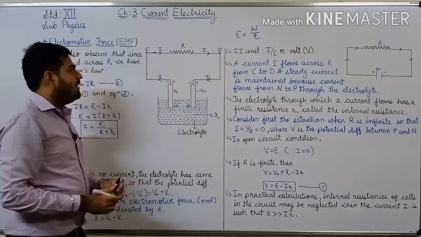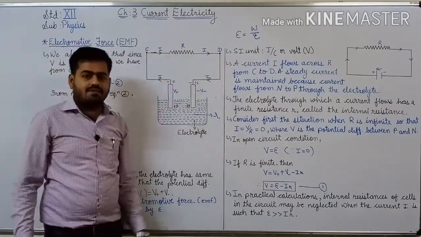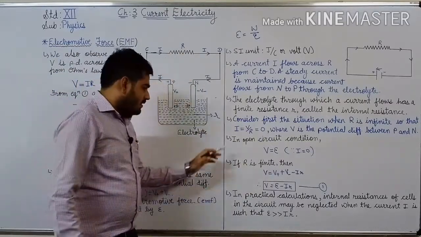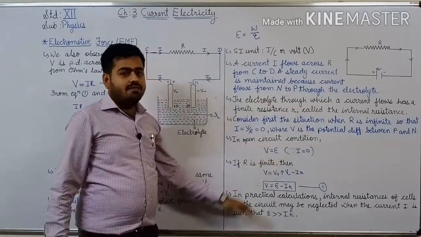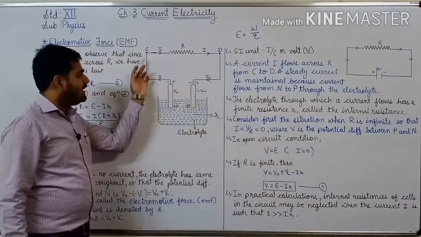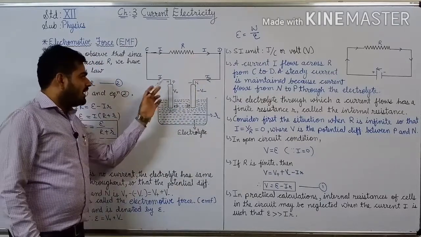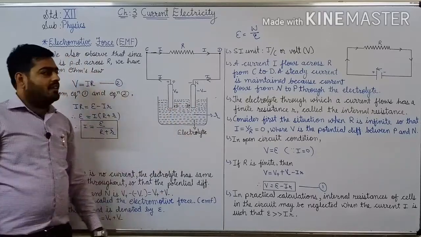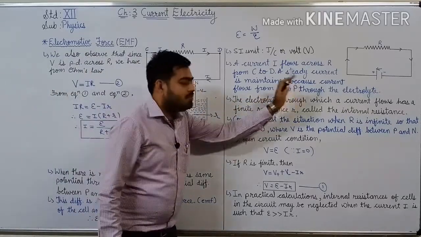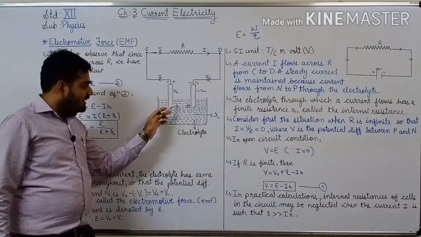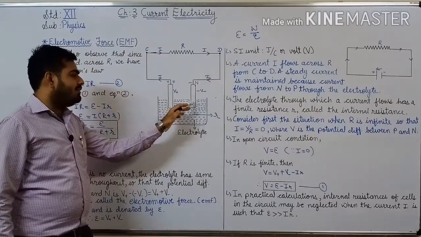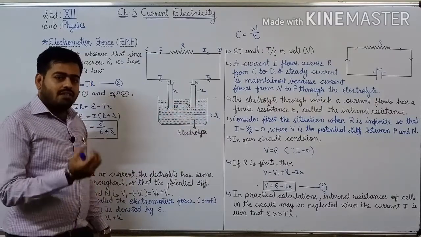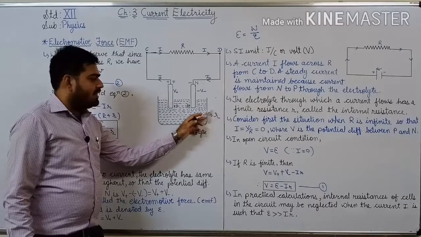At that time the value of resistance will not be infinite. There will be some finite value of resistance. So if R is finite, what will happen? As soon as current flows, it will not flow only outside. That current will flow from N to P through the electrolyte. And as current flows inside from negative terminal to positive terminal, at that time there will be some potential drop because of this internal resistance.